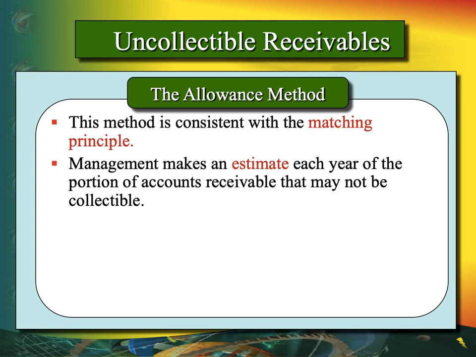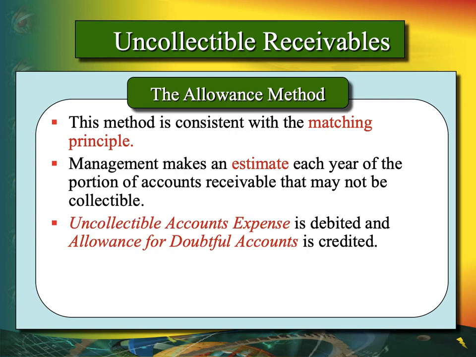Let's start with the allowance method. What is the allowance method? This method is consistent with the matching principle. In the allowance method, management makes an estimate each year of the portion of accounts receivable that may not be collectible.